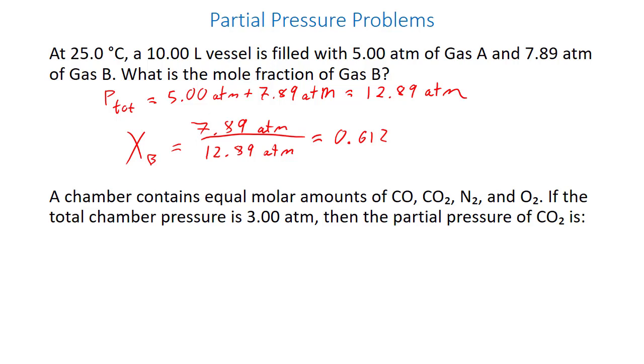A chamber contains equal molar volumes of carbon monoxide, carbon dioxide, nitrogen, and oxygen. If the total chamber pressure is 3 atmospheres, then the partial pressure of carbon dioxide is what? In this problem, since the molar amounts are equal, and we have 4 different gases, then each of these gases has a mole fraction of 1/4.